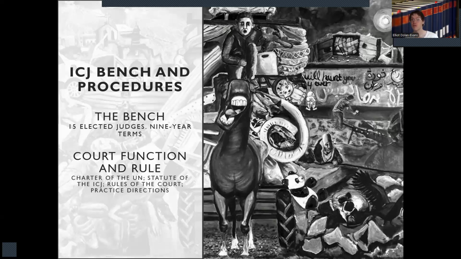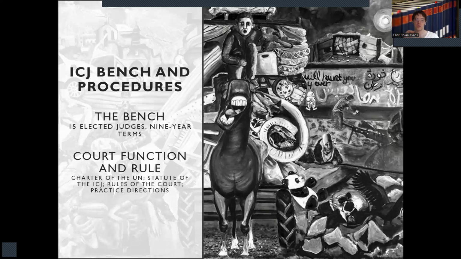It can be modified or altered, but only by the parties to it, because they're the masters of the treaty. But the court doesn't have the same function or the same freedom. It can't modify it itself. It must respect the statute in all circumstances, because this is the founding text that provides the basis on which the court exists and operates.